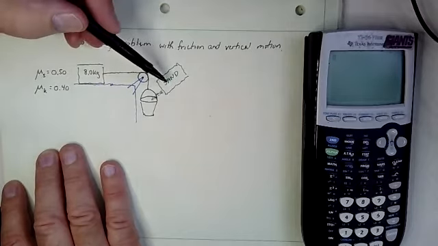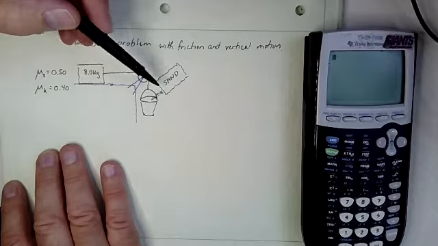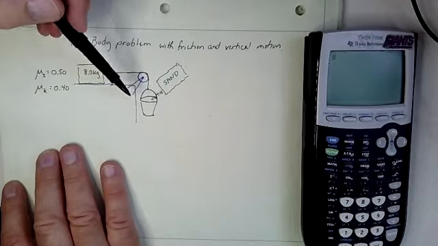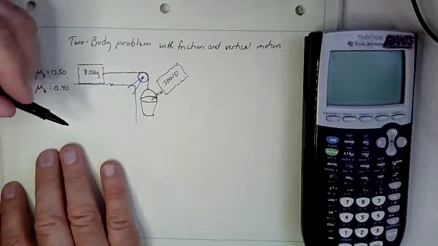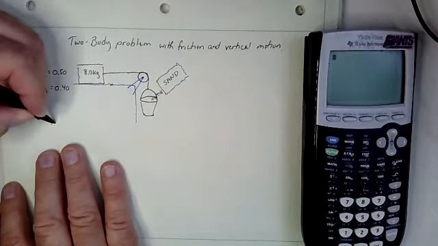So we're going to add sand to this bucket and add enough sand so that it breaks free from friction, and then we'll see what the acceleration looks like afterward. So those are the two parts of the problem. The first is to get it moving.